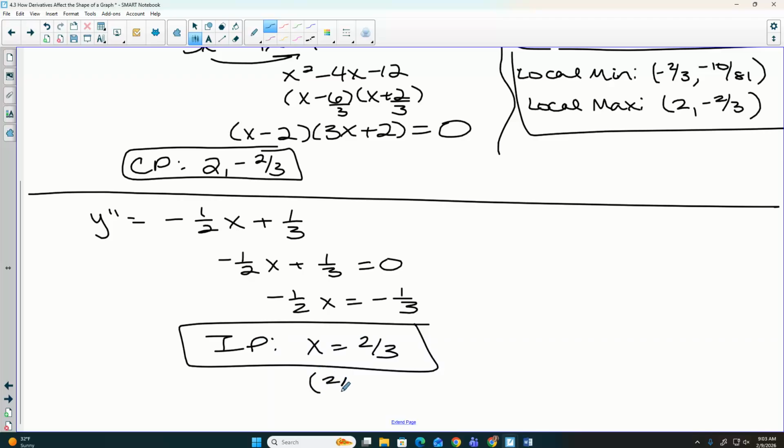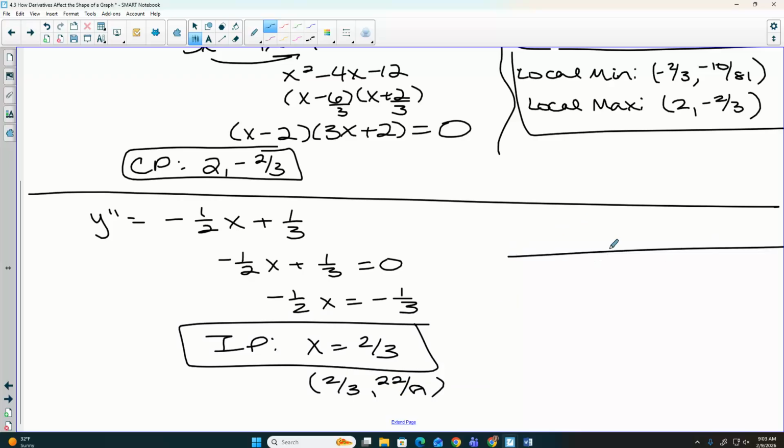For graphing purposes, you will need an ordered pair for that. If you plug that back into the original, you get 22 over 81.